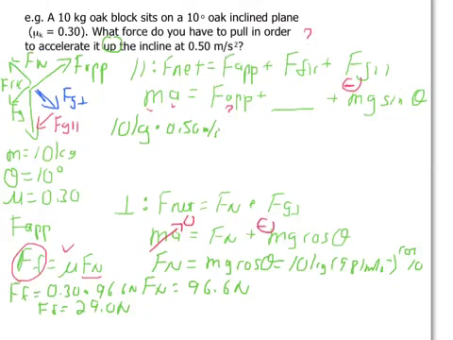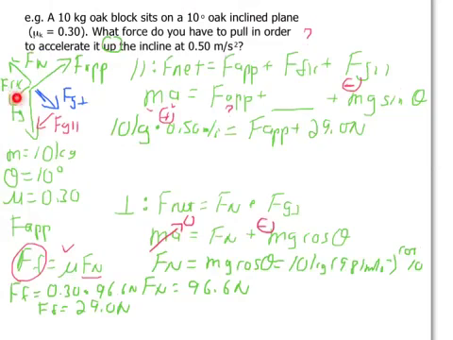Let's check the sign. We're told it's going to accelerate up. So therefore this is positive 0.50 meters per second squared equals F plus the force of friction we just determined to be 29 newtons. Again, we're substituting, so let's check for signs.